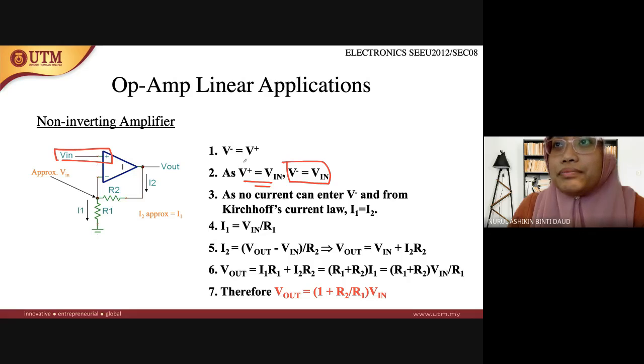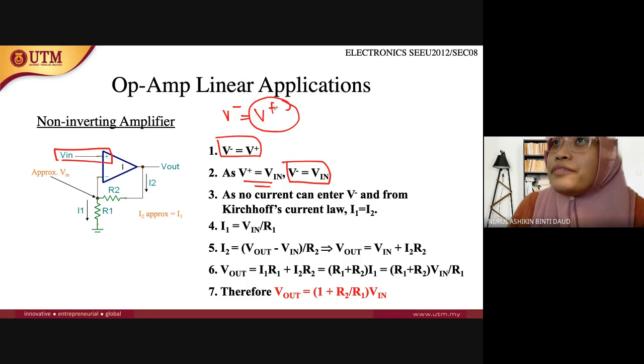Alright, so for this equation, V minus equals V plus. Usually we look at the value of V plus. If the value of V plus is 0, then V minus is straight away 0. If V plus has a signal, it means V minus will also become the same as the signal of V plus. For example, if V plus is the input signal, then straight away V minus will also be the input signal too.